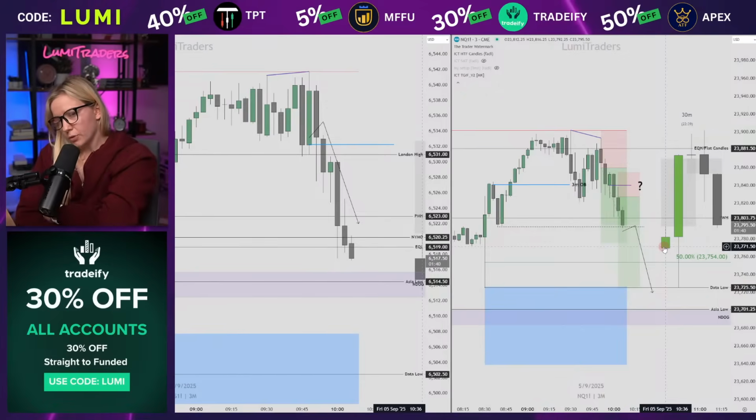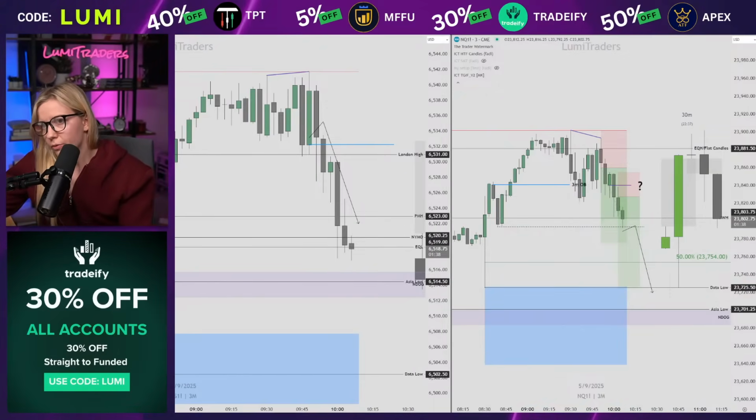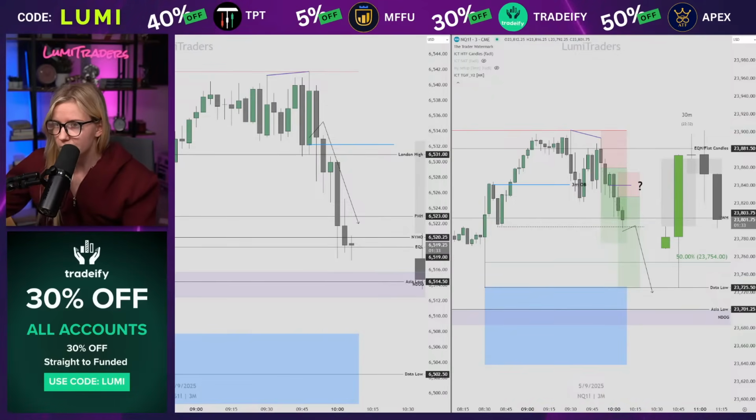Chasing the price. I would say there is logic behind this trade, so I will try, give me 1 second, with 5 micros, 7 micros.